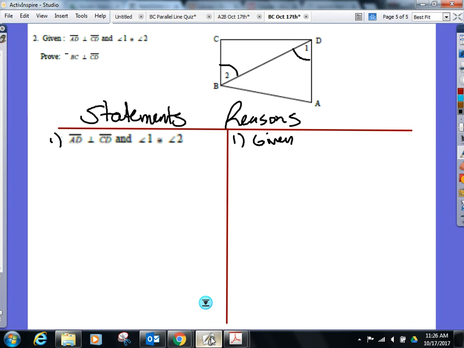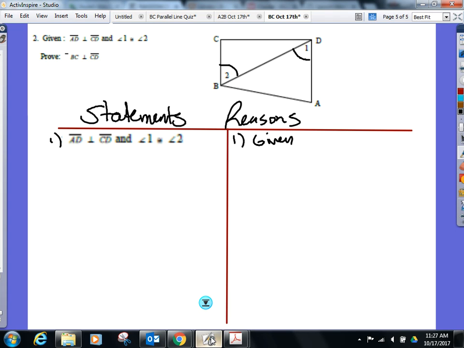Before I ask anybody, take a look. Do you see why none of the theorems we went over today apply? You only have one pair of perpendicular lines. You need at least two, or you need a perpendicular and a parallel set. All right. I only have one up there. So does everyone see? Don't try to apply the theorems. Nothing's going to work yet.